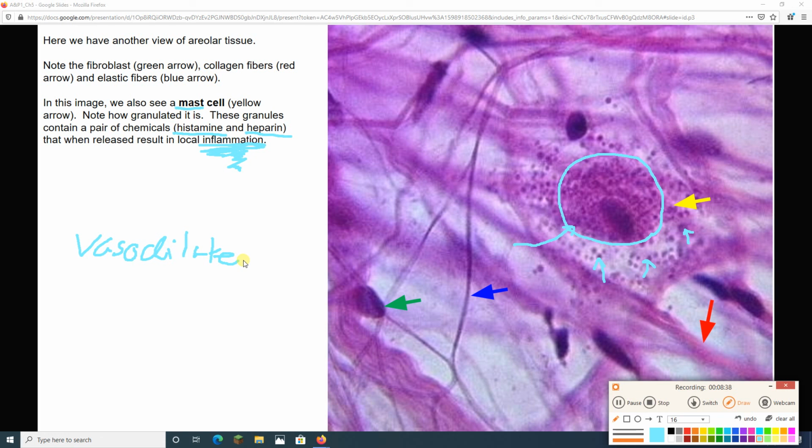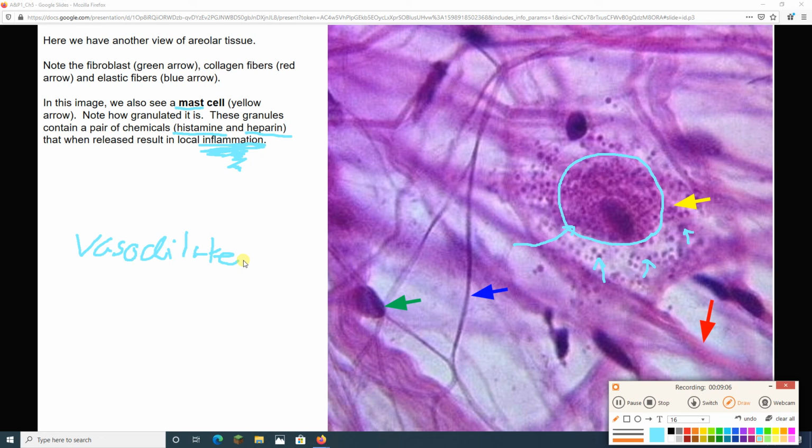Now, you might be wondering, why does areolar connective tissue have a mast cell? Well, let's go back for a second here. Not even 2 minutes ago, I told you areolar connective tissue was under every epithelia. And epithelia are coverings and linings. Well, what are you likely to damage? Coverings and linings.